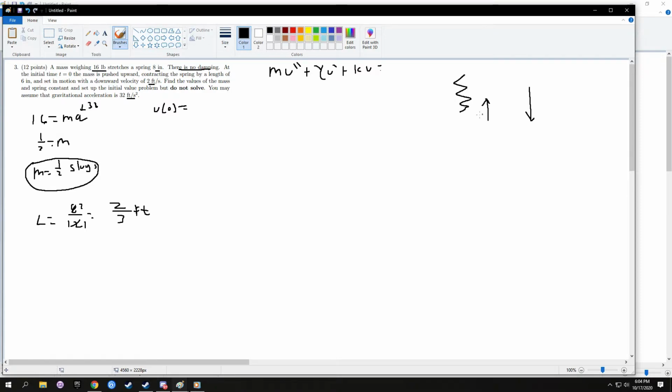It's contracted the spring by a length of 6 inches, so it becomes negative 6 inches, but I have to make sure it's in feet. 6 divided by 12 is 1/2, so it's negative 1/2. Then u prime is a downward velocity of 2 feet per second. Downward is positive, so it's just 2 feet per second. Now I have everything to start besides my spring constant.